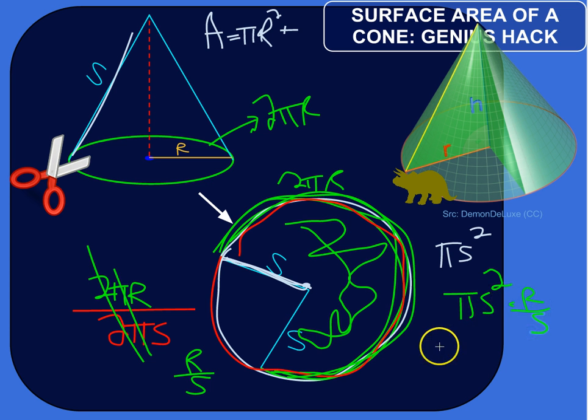So this we could rewrite pi s squared as pi times s times s, and then times r over s. So if we do s in the denominator here and s up here, one set of these would cancel out.